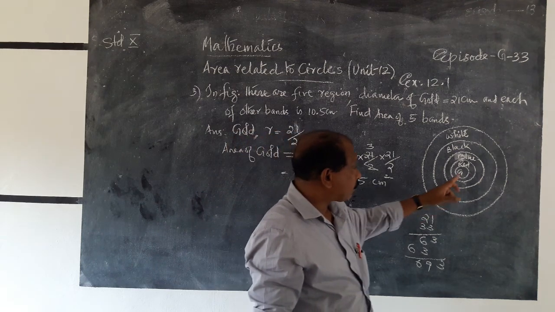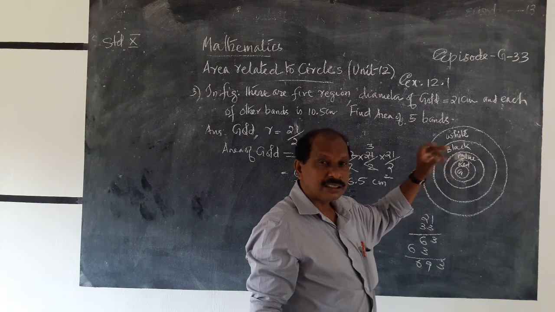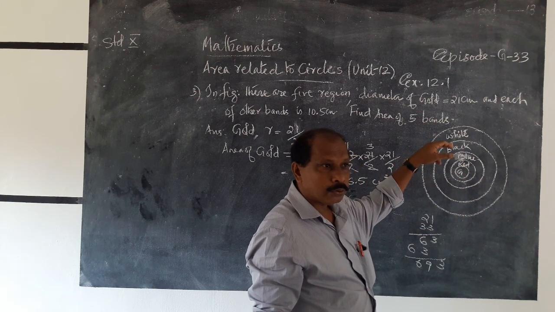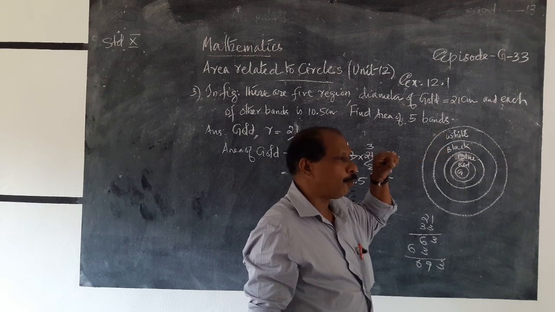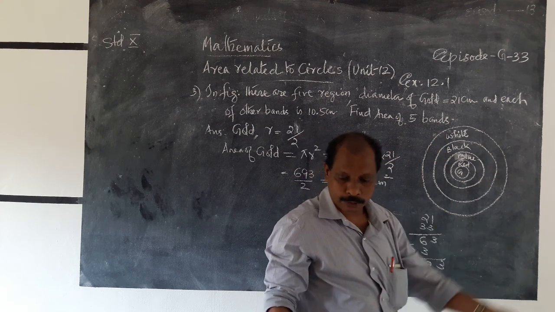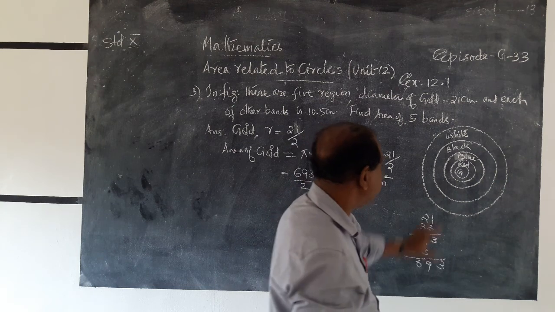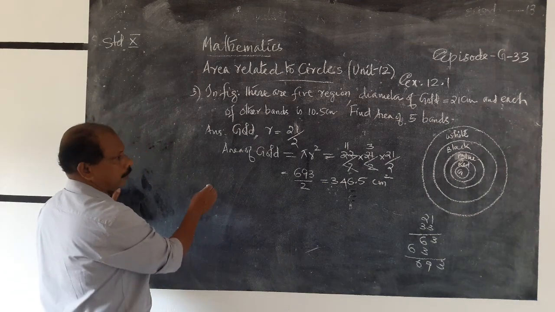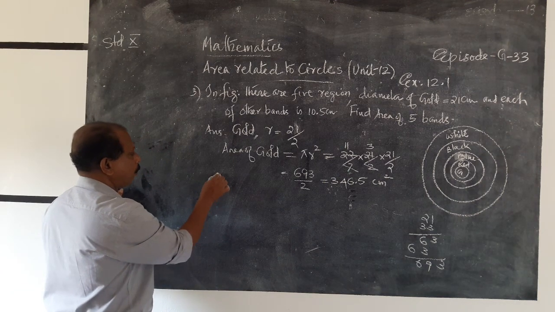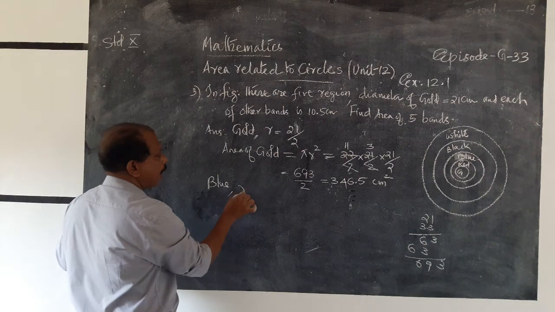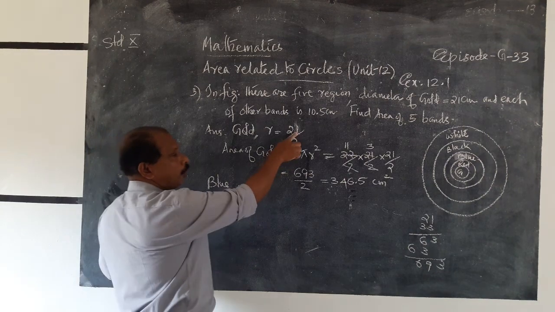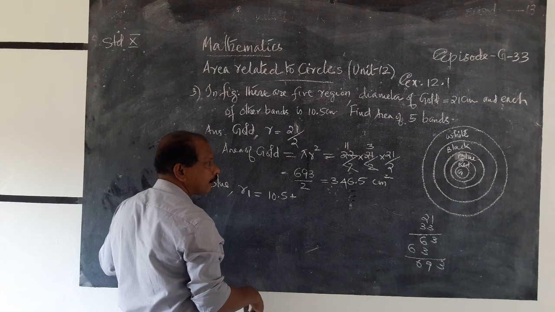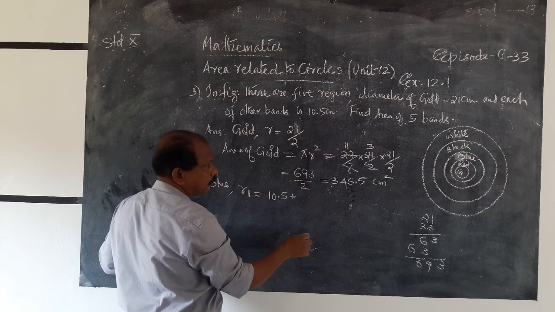Then radius of red is equal to 21 by 2, that is 10.5, plus 10.5. That is, the width of each is 10.5 centimeter. Then blue: r is equal to 21 by 2, that is 10.5, plus the width.